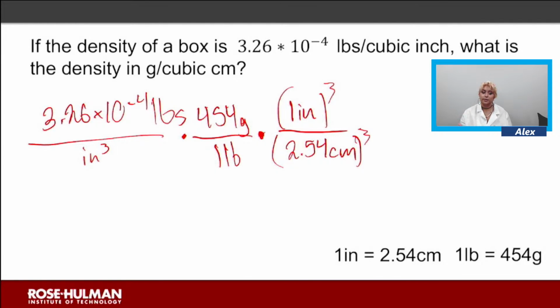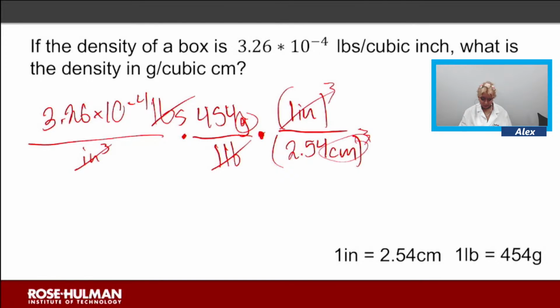So you're raising that to the third power in order to get it to 3D. So our pounds cancel out, cubic inches gets canceled out, and we are left with grams per cubic centimeters.